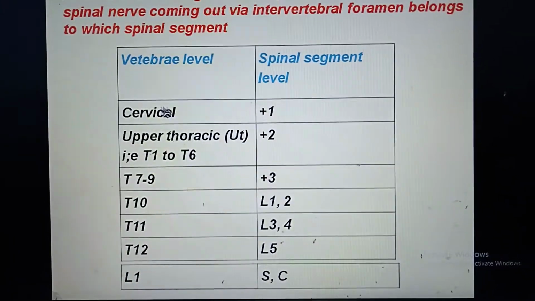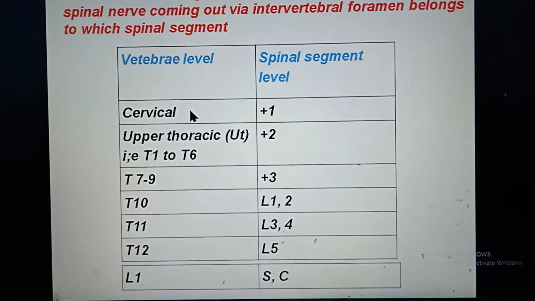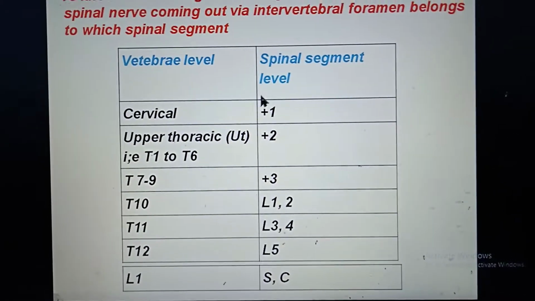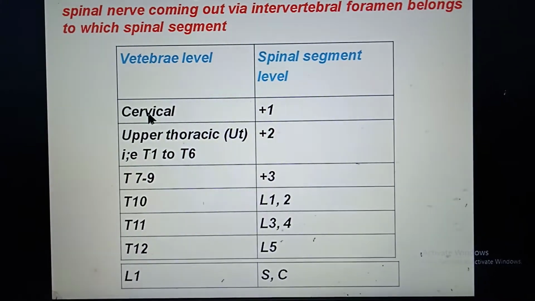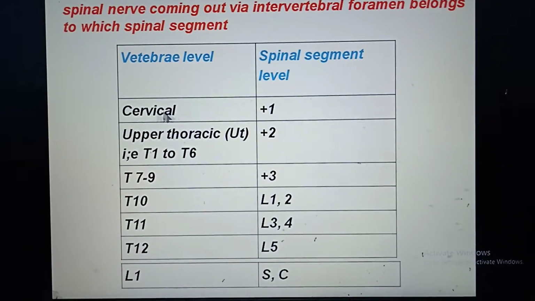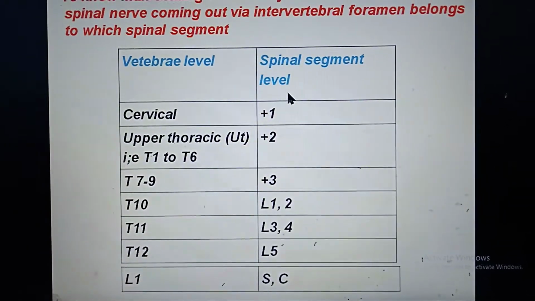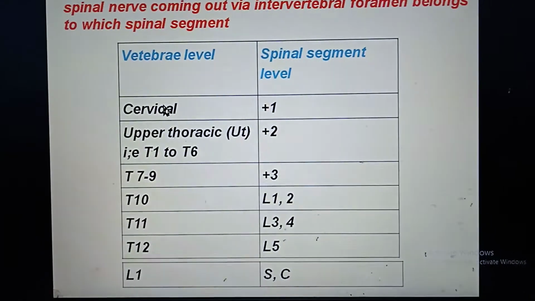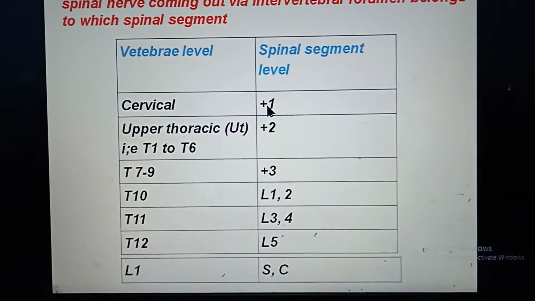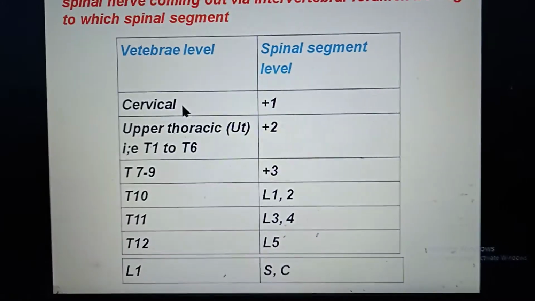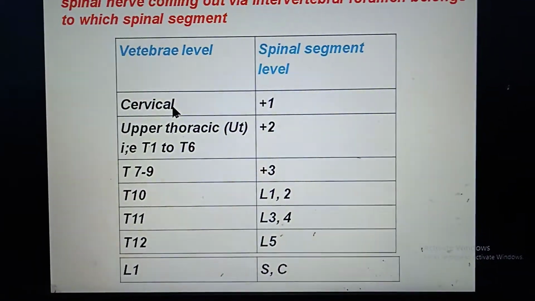That is for the cervical vertebra. For knowing the spinal segment within the cervical vertebra, for upper cervical it will be the same, and for lower cervical you have to add +1.